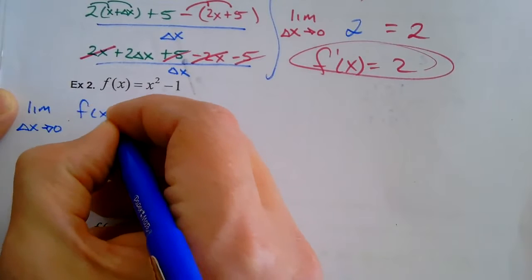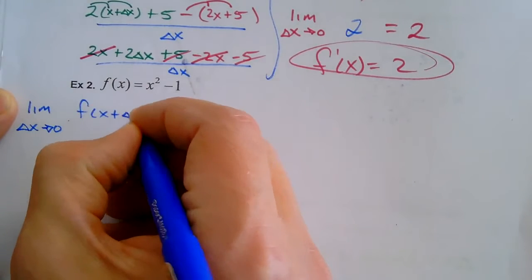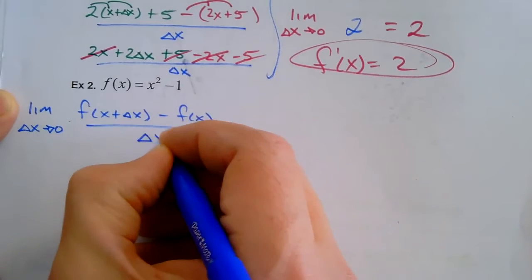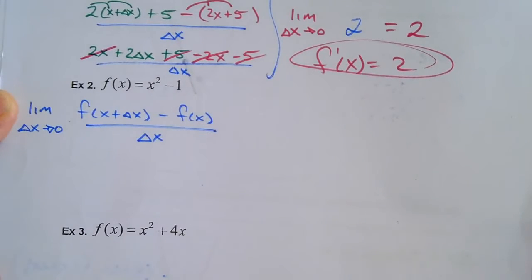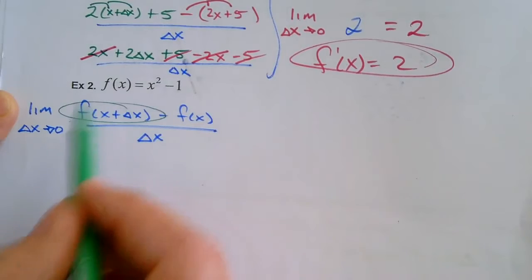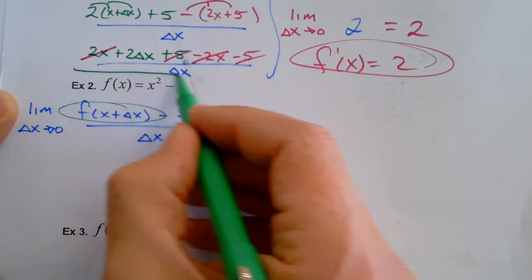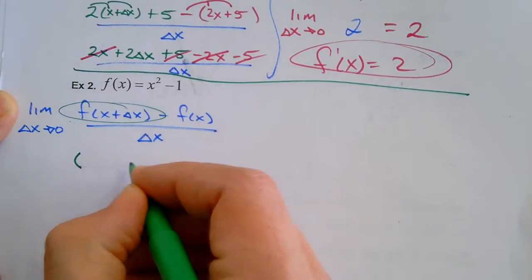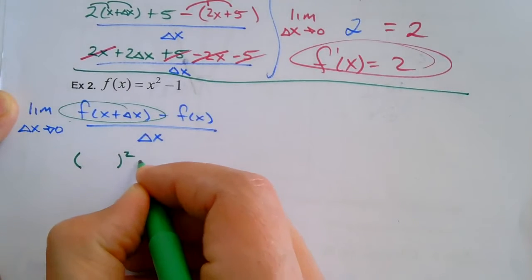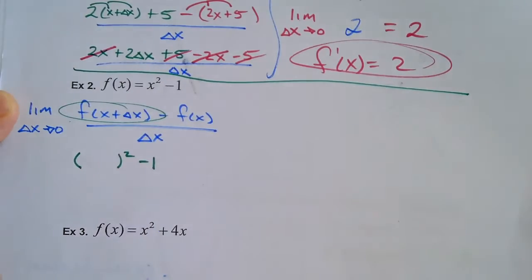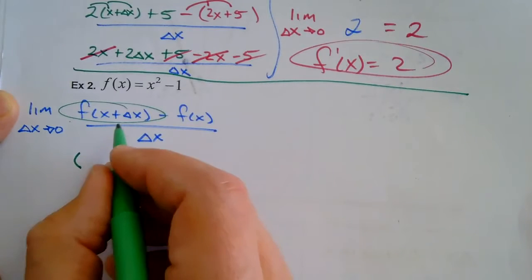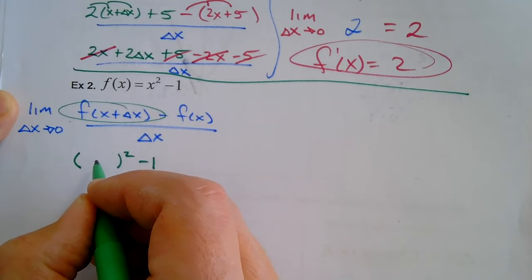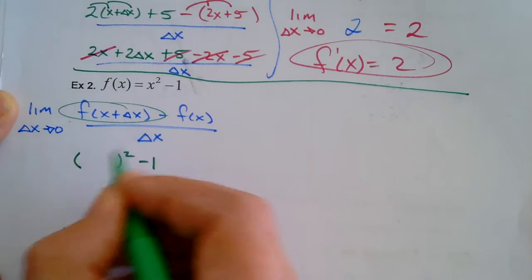I've got my definition, f of x plus delta x minus f of x all over delta x. And I'm going to, again, do this part in green. The function that I have is x squared minus 1. So I'm going to rewrite it. So x squared, I'm going to do parentheses squared minus 1. And in the parentheses, if this was f of 10, I'd plug in 10 here, square it, and subtract 1. But it's not f of 10. It's f of x plus delta x.